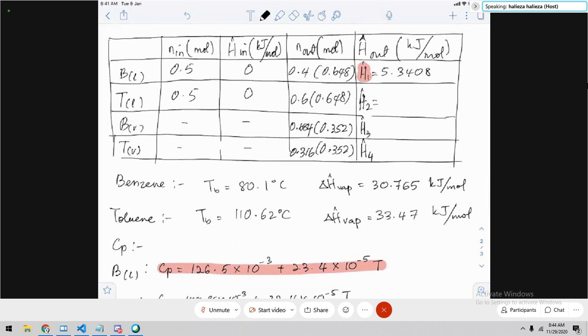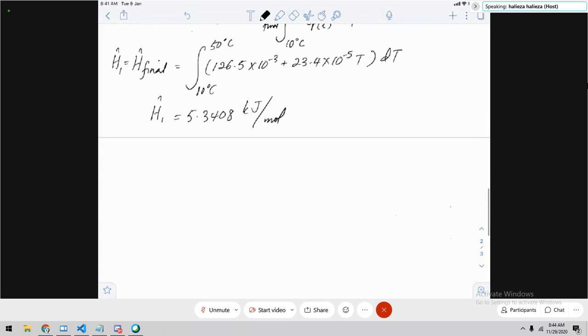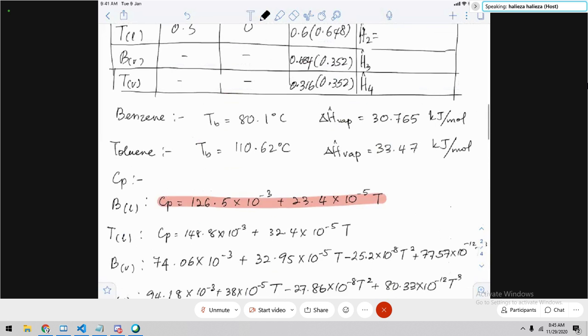We do the same thing for toluene, because it's just liquid, no change in phase, and just a temperature change. So for H2, I'm not going to construct the diagram because we know what we're supposed to do. It's just integration from 10 degrees C to 50 degrees C. But right now we'll be looking at toluene.